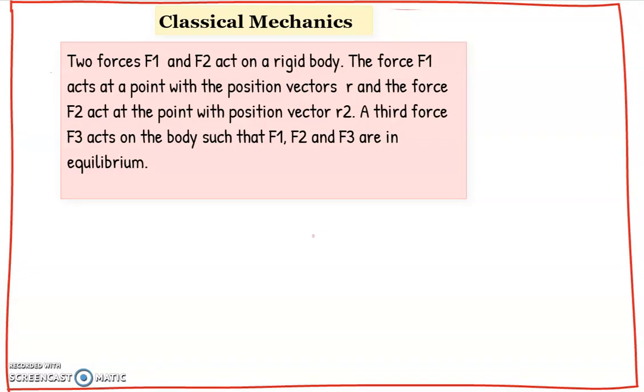The first thing that we need to write here is F1, F2, and then F3.